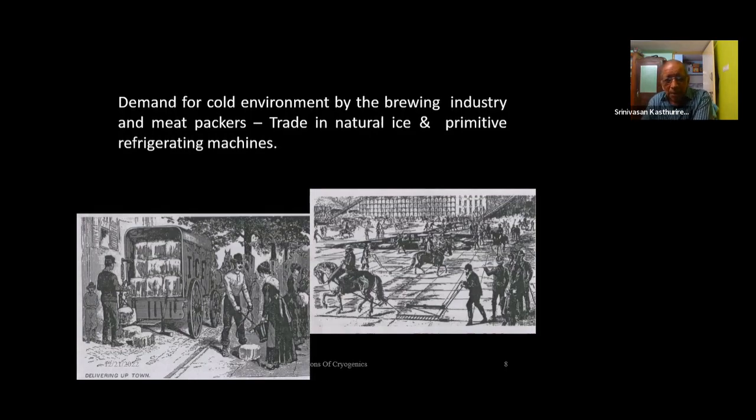Ice can be used for cooling products. For example, the brewing industry can use ice as a coolant for brewery products, and the ice was also useful in chilling meat. All the meat packers used ice for storing meat, etc. So this was the scenario in the early times.